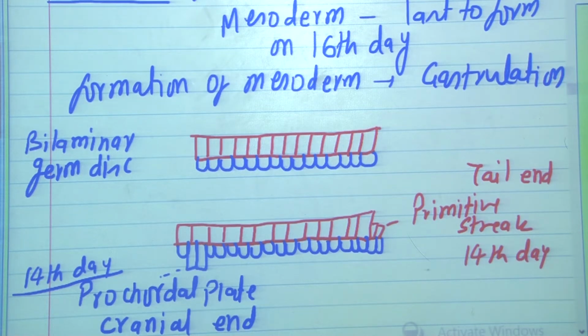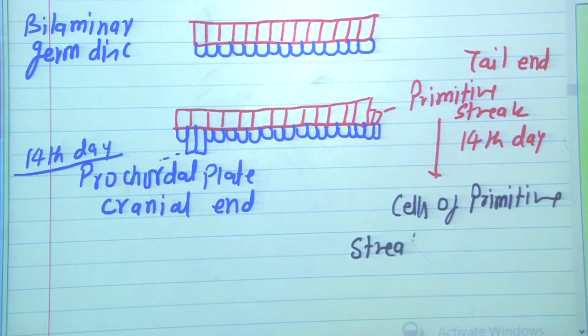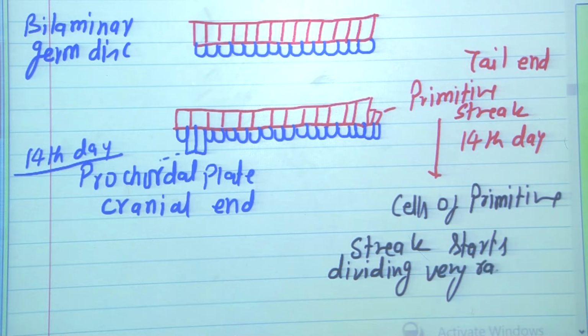Now what next change occurs? Cells of the primitive streak start dividing very rapidly.